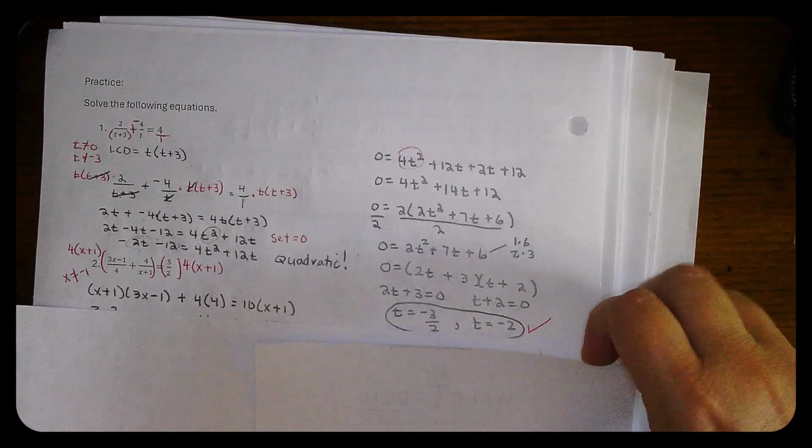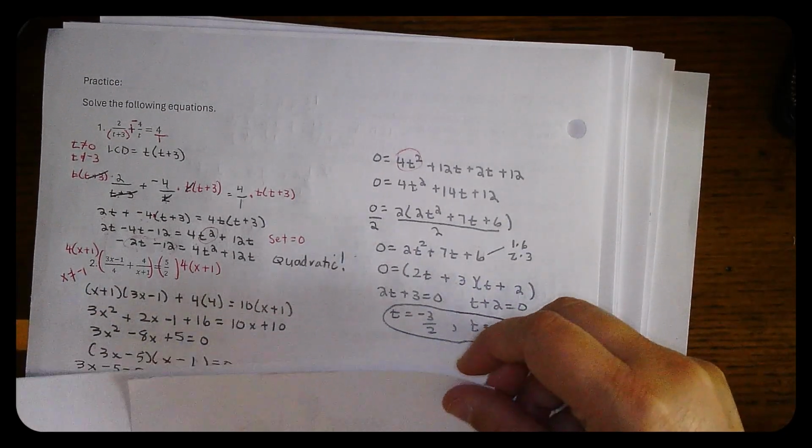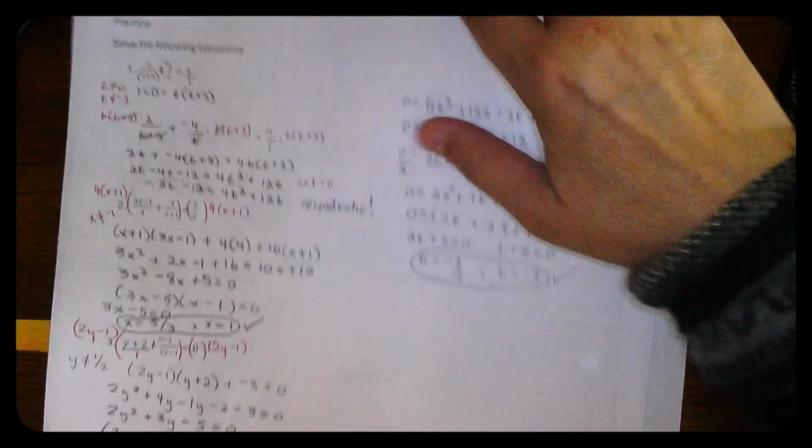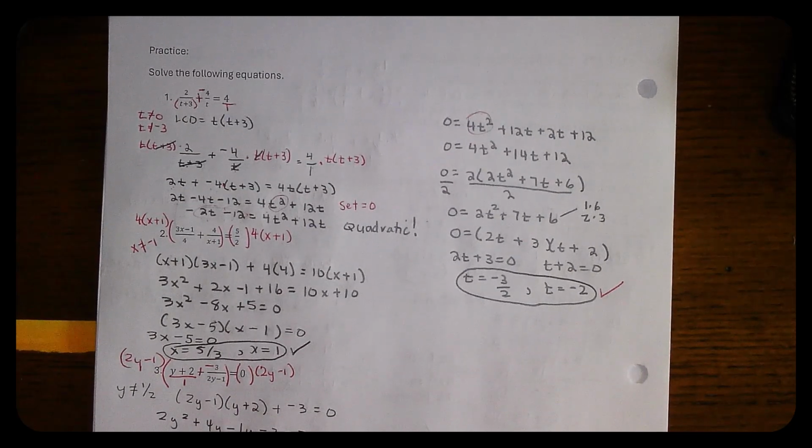So add that to the lesson, because number 2 is going to end up being a quadratic. Number 3 is going to be a quadratic, and number 4 is going to be a quadratic. So pause and try them, and then come back and check.